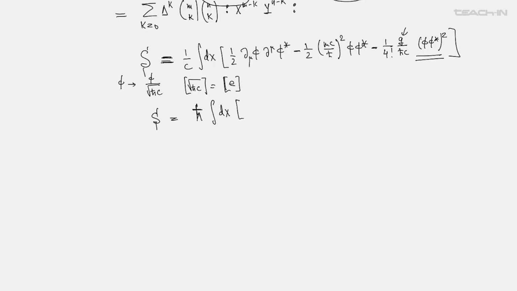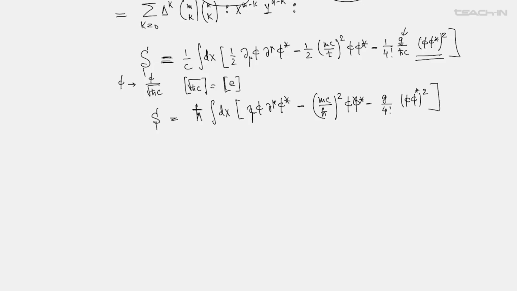So what is now written down is an expression which is dimensionless, with the interaction term g over 4 factorial phi star squared phi squared. So this is a complex scalar field.